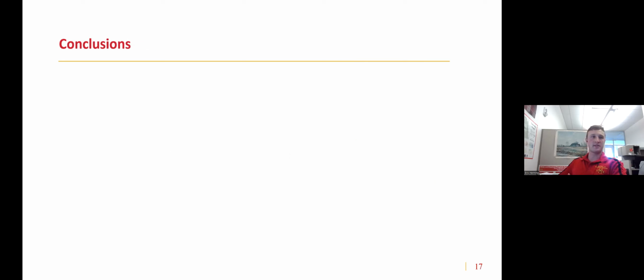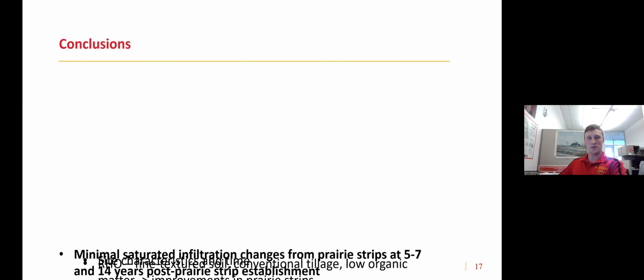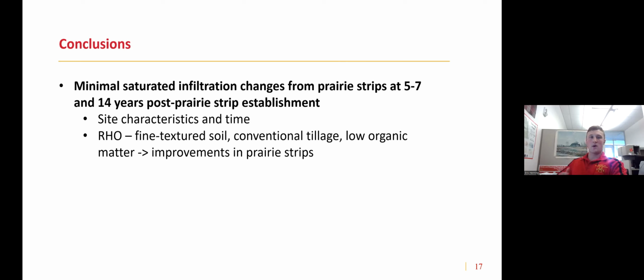So just to tie it all together with some conclusions, some takeaway points. Regarding our saturated infiltration results, we didn't see consistent differences between prairie strip and row crop across our 8 different sites across the state. There's really one site that had strong differences between prairie strips and row crops at 5 to 7 years post prairie strip establishment.